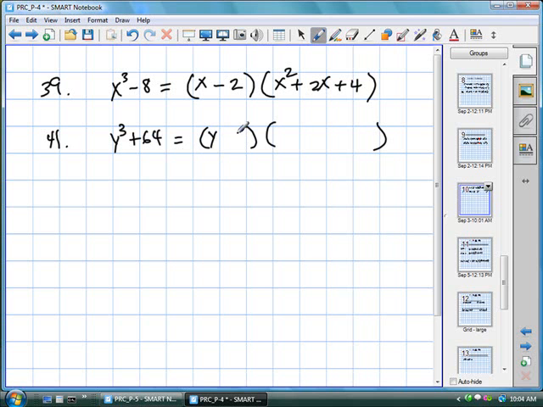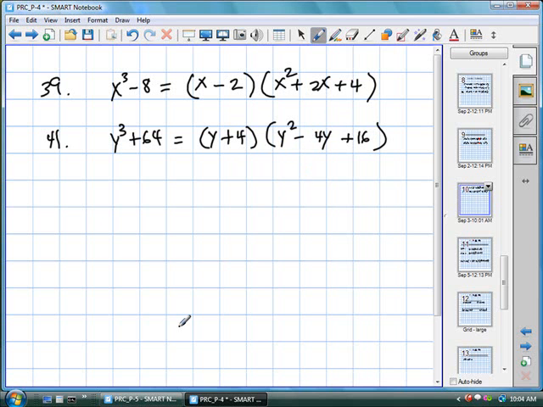Cube root of 64 goes here. Mimic the sign. Now for the trinomial, take the y guy and square him, put him in the beginning. Take the 4 guy and square him, put him at the end. And for the middle term, take the product of the two. 4 times y is 4y. And for the sign, the opposite of that guy.